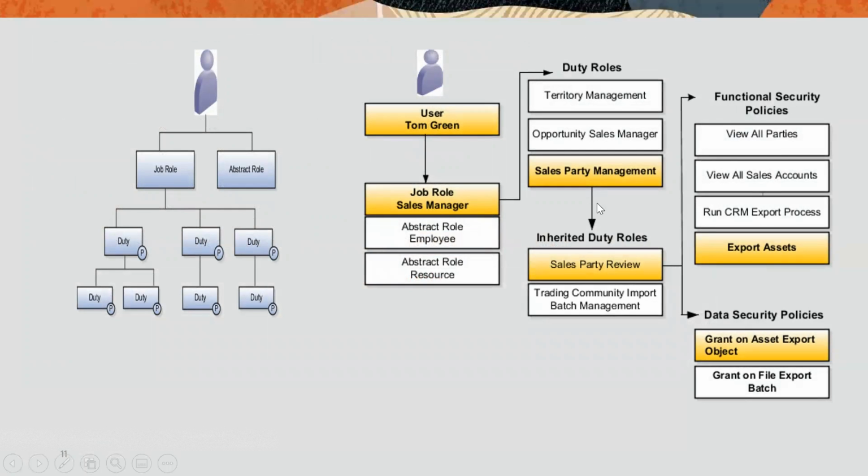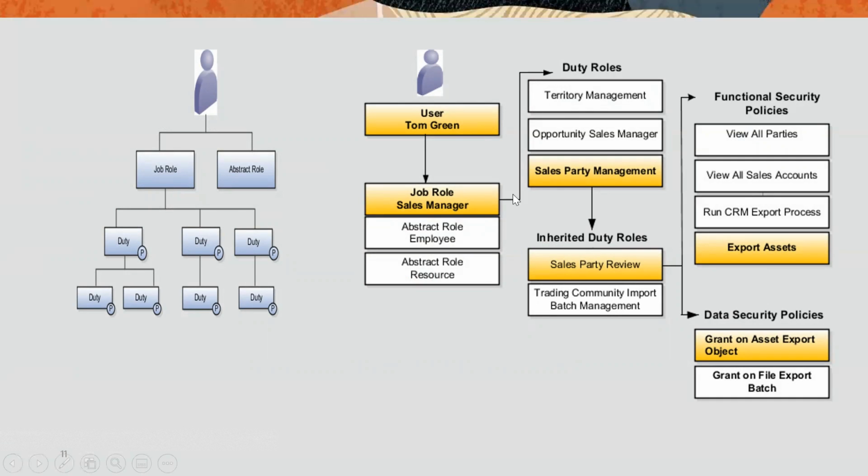And that inherited sales party management role can have one more sales party review role, duty role. Again, that is a duty role, and that can contain again functional policies or data security policies.